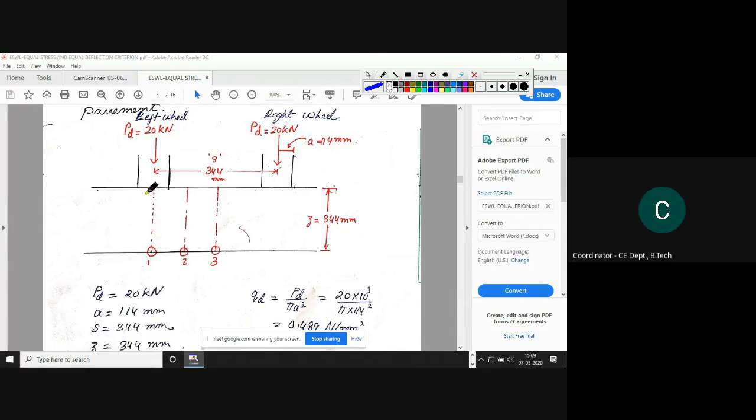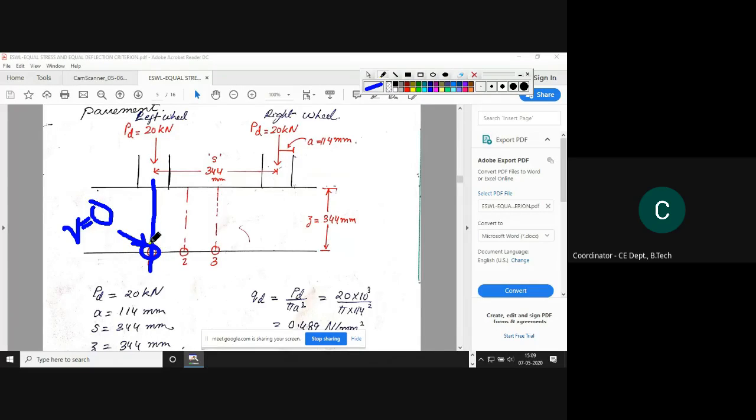Now r is your radial distance of that point from the central axis of the wheel. So for this left wheel, this is the central axis. Now we have to find the distance of every point from this axis. Point 1 is just below the left wheel only. So for this point, r is 0.